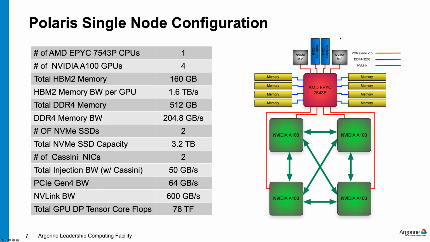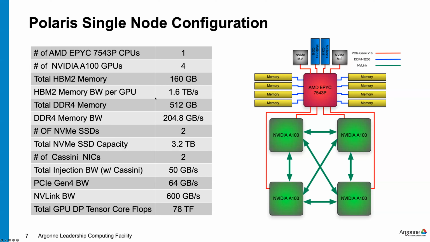At the top, we have these blue boxes. These represent the NICs. I'll go into this more later, but Polaris is still in flux. Currently we're running Mellanox CX5 NICs, but in the future we'll be running HPE's Slingshot NICs, which is what I have listed in the table on the left.